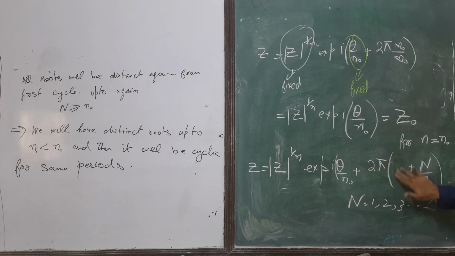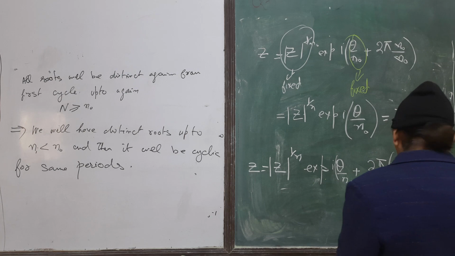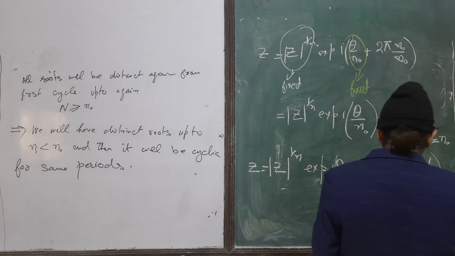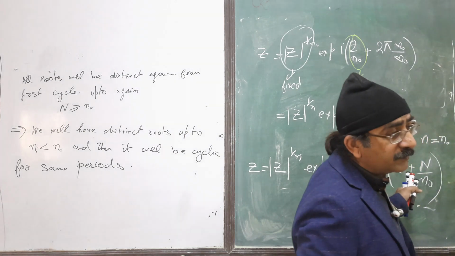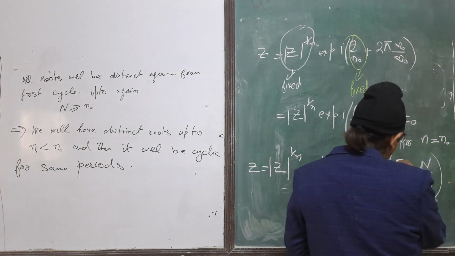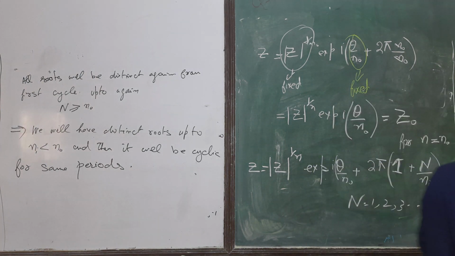Sorry, here that should be a 1. Yes, n naught will be cancelled with 1. Sorry, this is 1, and n naught divided by 1. When n will be equal to n naught, then this will become again.